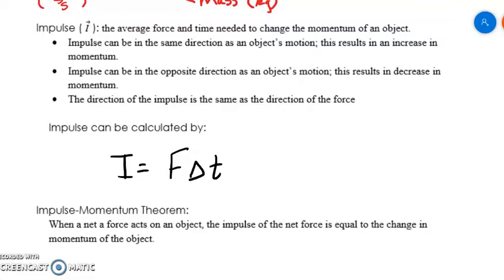You'd have to push it with a certain amount of force over a certain amount of time, and as long as you were able to keep pushing for enough time, you could slow down that train to zero. So what this is saying is that in order to change the momentum of an object, you need to exert a certain amount of force for a certain amount of time. Okay, so this is impulse.